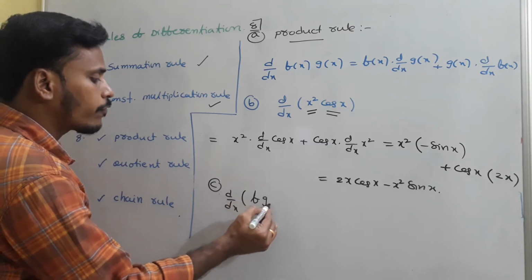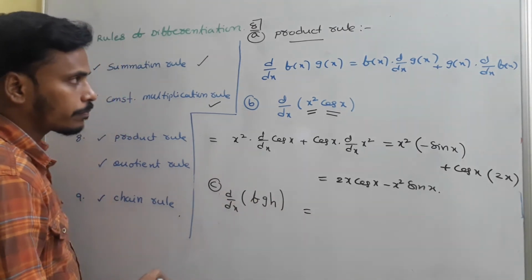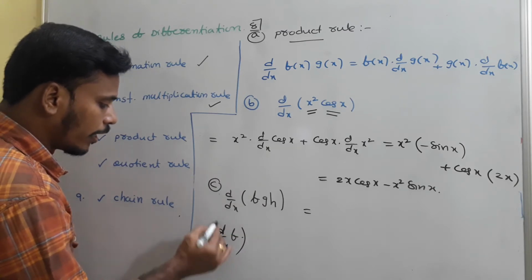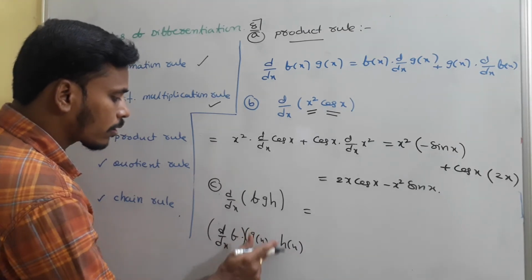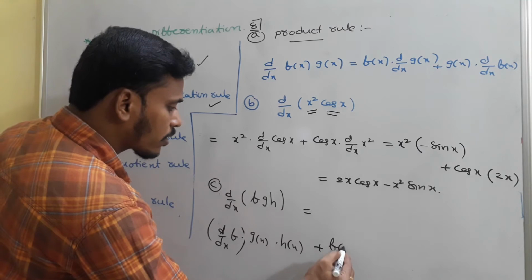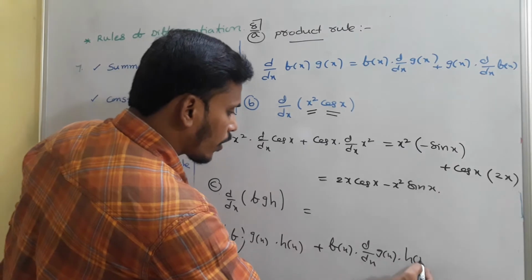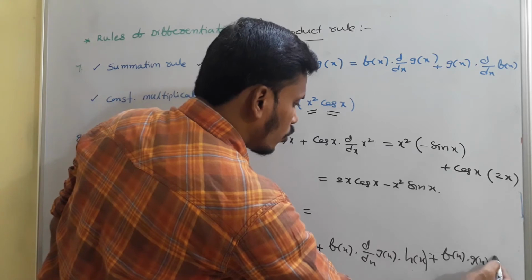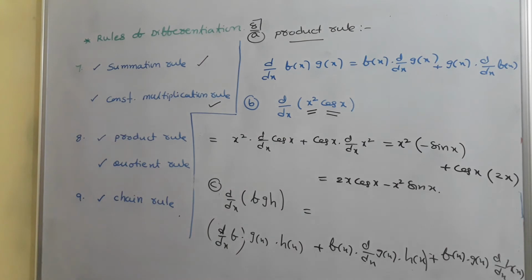D by dx of f, g, h, if you have, then its answer is simply d by dx of f, first function, into second function g of x into third function h of x, plus f of x into d by dx of second function into h of x, plus f of x into g of x into d by dx of third function. You just have a look, extending the same idea for three functions.